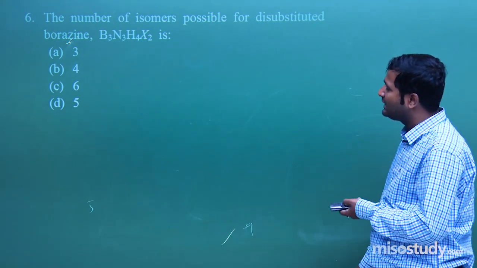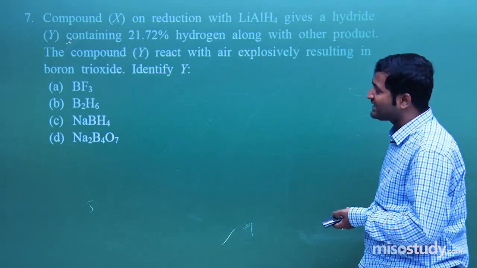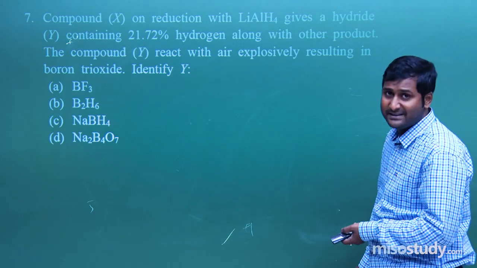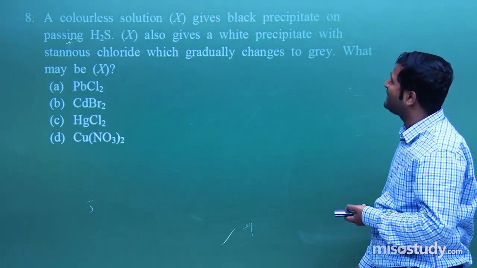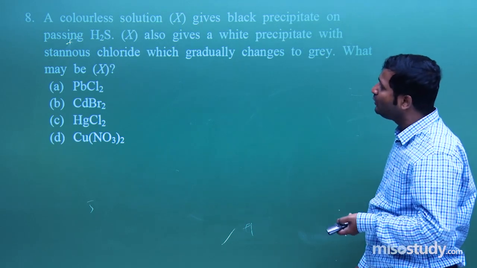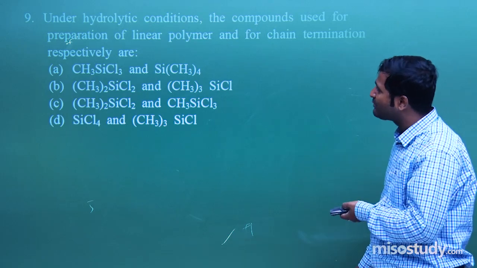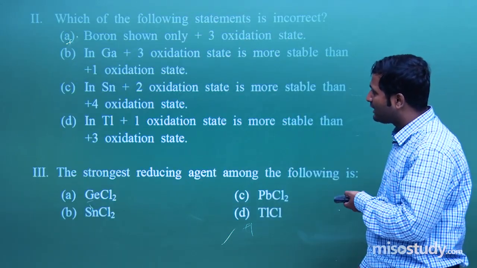I have drawn all the possible isomeric forms. Now for question number 7, as I discussed, B2S6. Why is B2S6 an acid? BCl3. Yes, sir. For question number 8, colorless solution, black precipitate, so this is HgCl2. Now under hydrolysis condition, that is option B, and for this, tell me Pb, BrO4, third option.